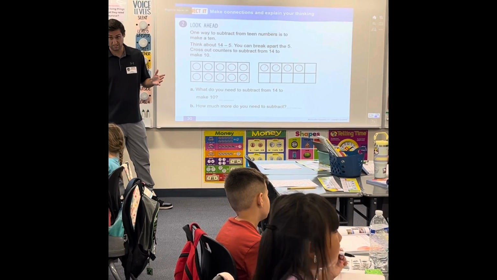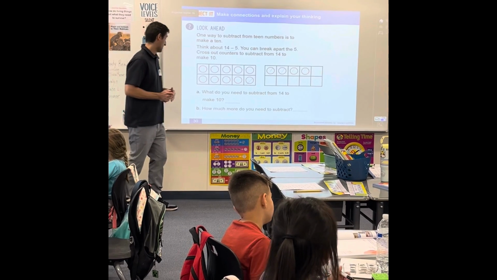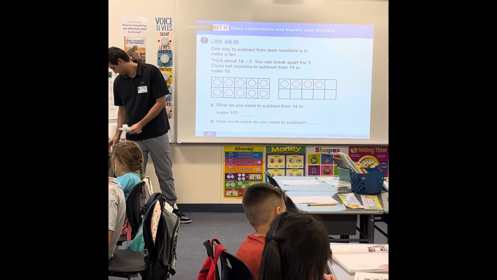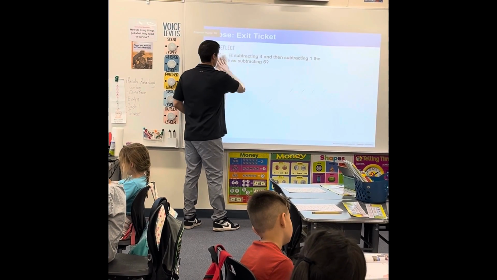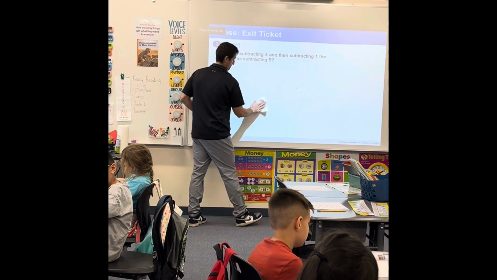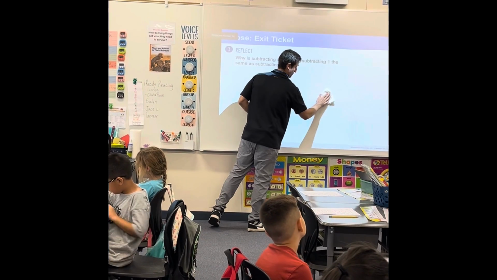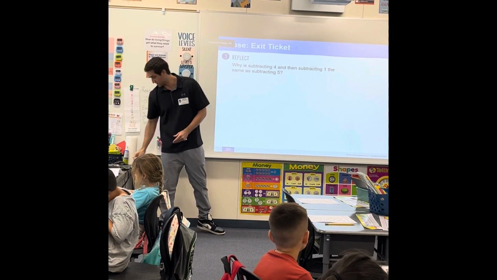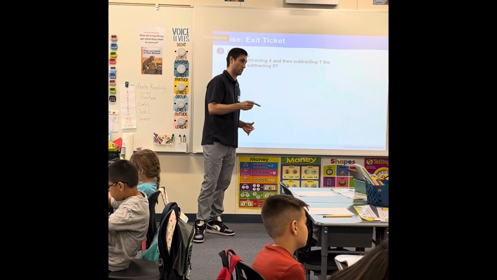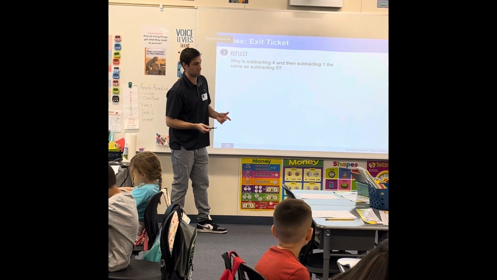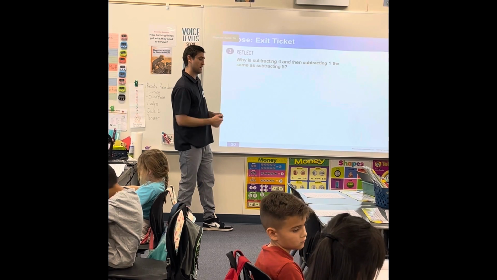Class, did you guys hear Taylor's explanation? Yes. That was spot on. It's just crossing out the circles and the squares, 5 of them, and getting your answer. Jade, can you please sit down though?